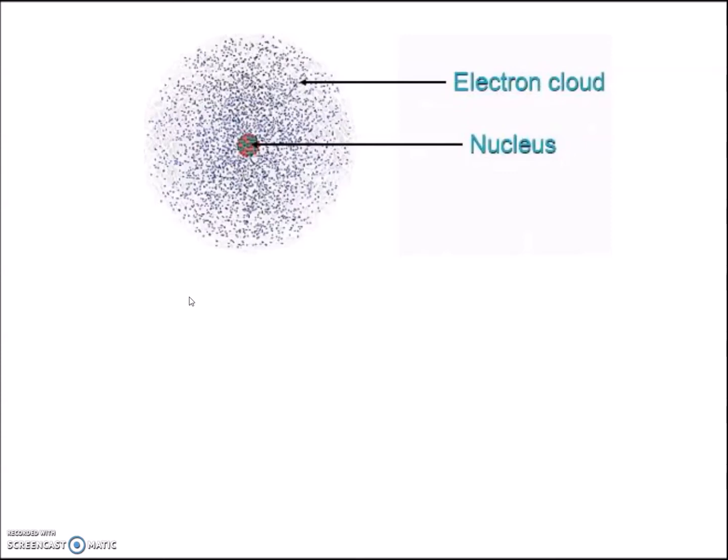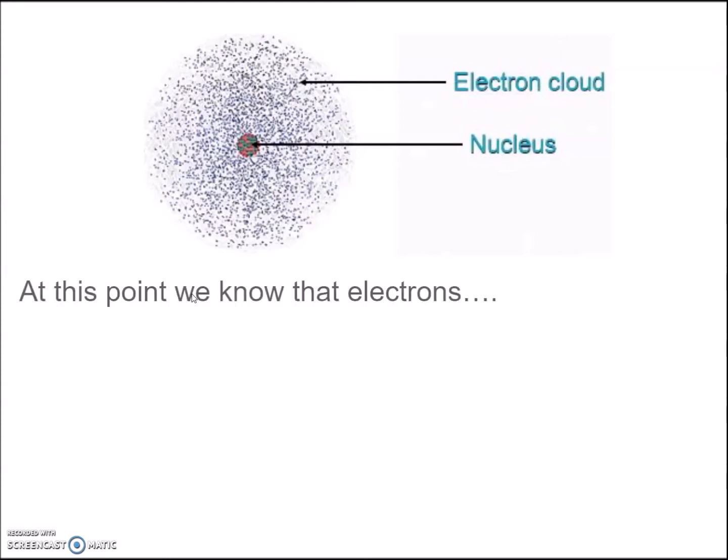Through advancements in chemistry in the early 20th century, we know that electrons are negatively charged subatomic particles that exist in a cloud somewhere around the nucleus. We know that we can't pinpoint the location of an electron.